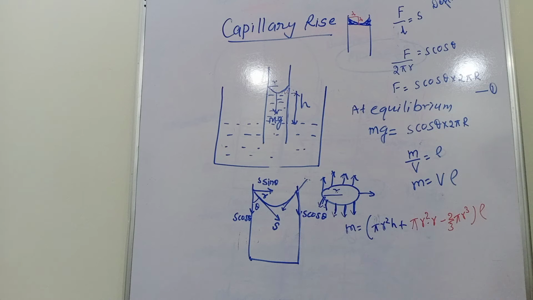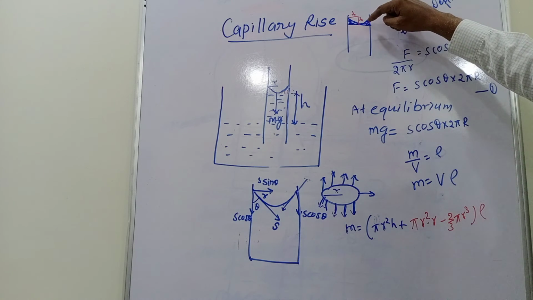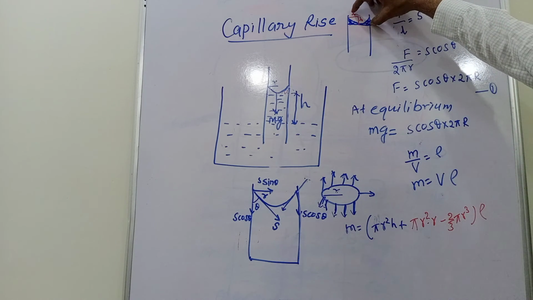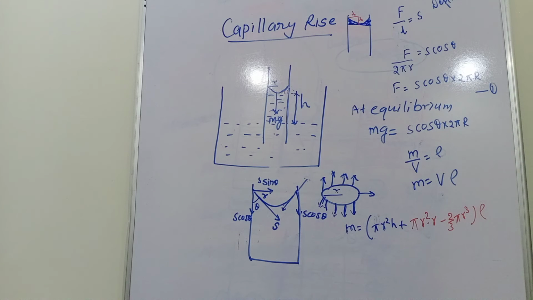Once again you see that the mass is equal to volume into density, and volume will be two volumes actually. One is the volume of a cylinder of height h and radius r, plus we have to take this extra volume. So ये कितना हो जाएगा, एक सिलेंडर बना लीजिए यहाँ पर, और वो सिलेंडर की रेडियस is r and height is r.